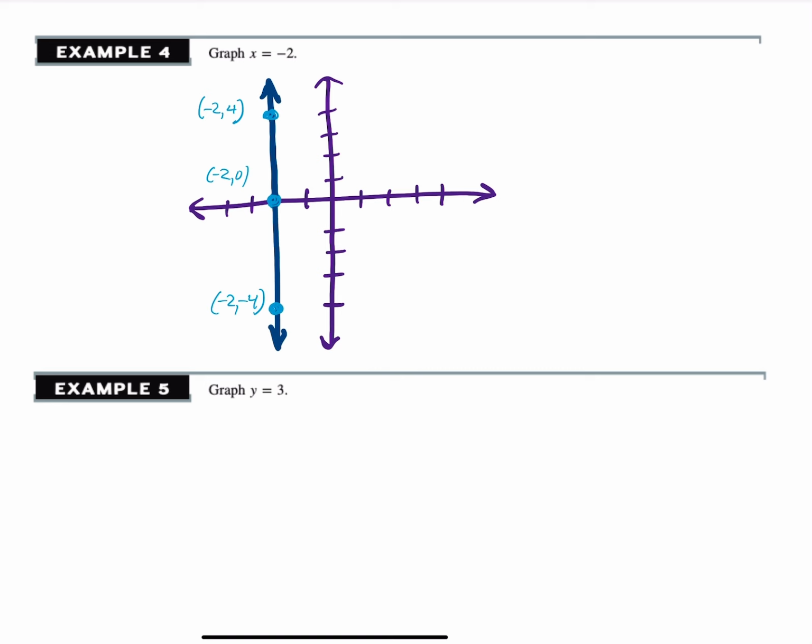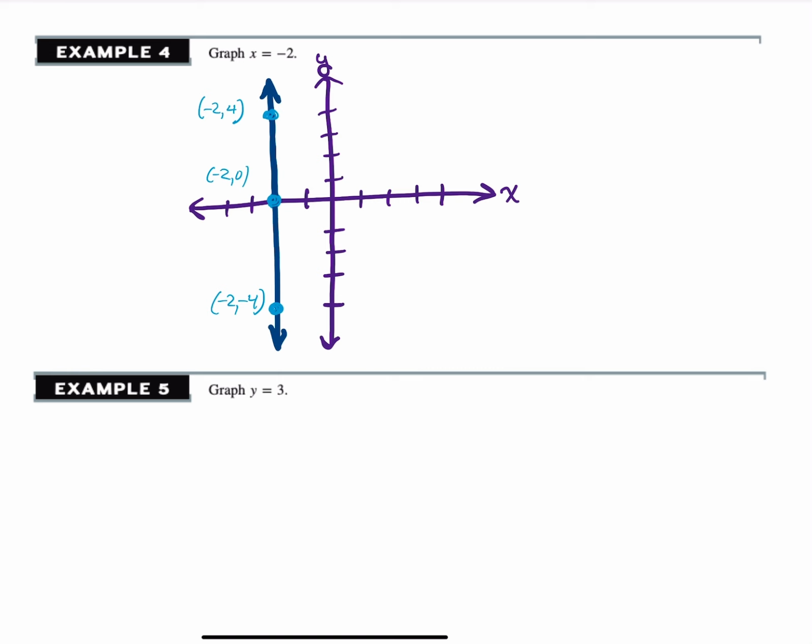The x value will always be -2, and that's what this is saying. X is just equal to -2. Y can be anything. This is our x and this is our y. So when you have x equals something, you get a vertical line going through that point on the x-axis.